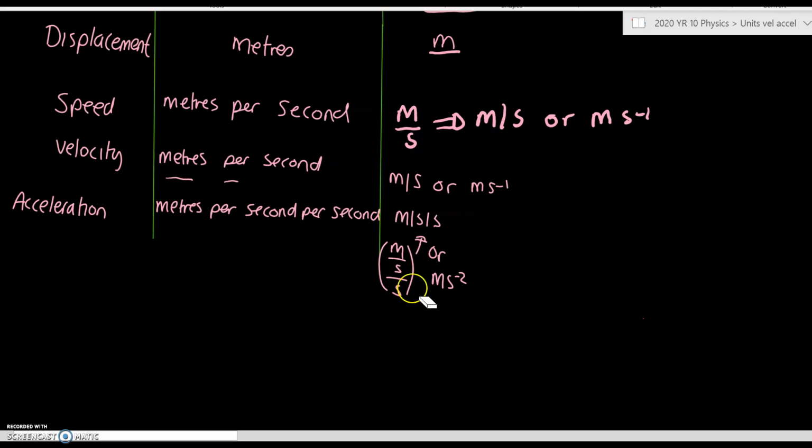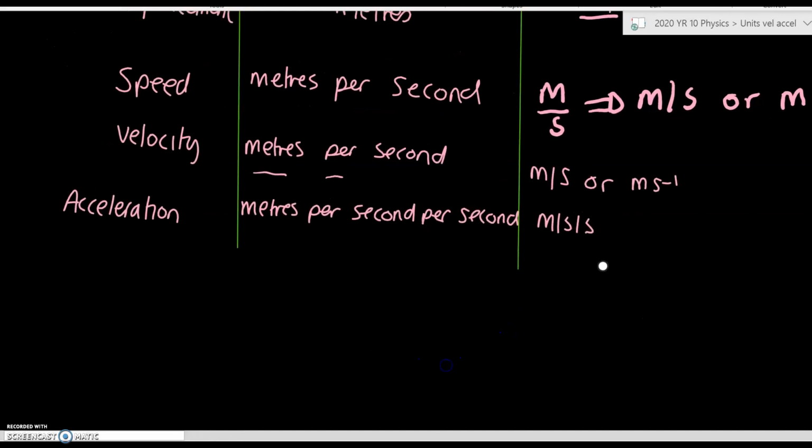Okay, the last one we're going to look at is acceleration. Now, acceleration is really a change in speed over time or change in velocity over time. So that means that you're no longer going at a constant speed or velocity. You're either increasing that per second or decreasing it. So therefore, acceleration is going to be meters per second per second.